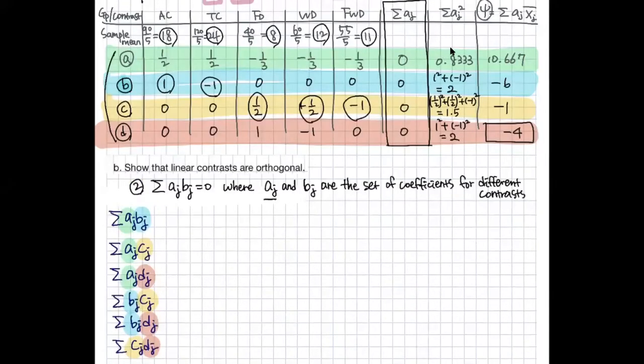Because AJ and BJ are the sets of coefficients for different contrasts, we need to check all 6 combinations.